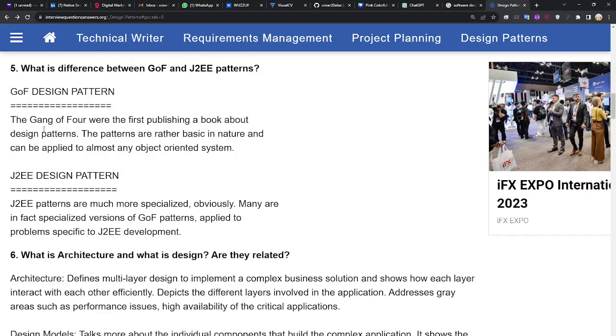The Gang of Four were the first to publish a book about design patterns. They are the four authors who wrote the design pattern book. The patterns are rather basic in nature and can be applied to almost any object-oriented system.